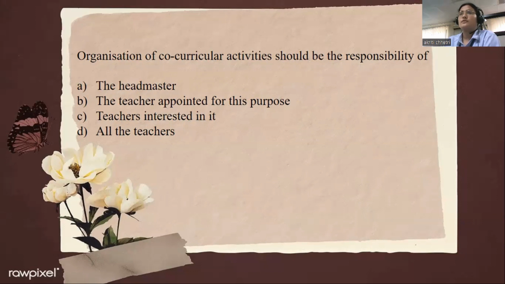The teacher appointed for this purpose is also important because they have to organize everything, and the headmaster knows about everything. And teachers interested in it, the teachers who want to contribute to organize co-curricular activities. So the correct option is all the teachers. All the teachers are responsible to organize co-curricular activities in the school. So they have to manage everything.